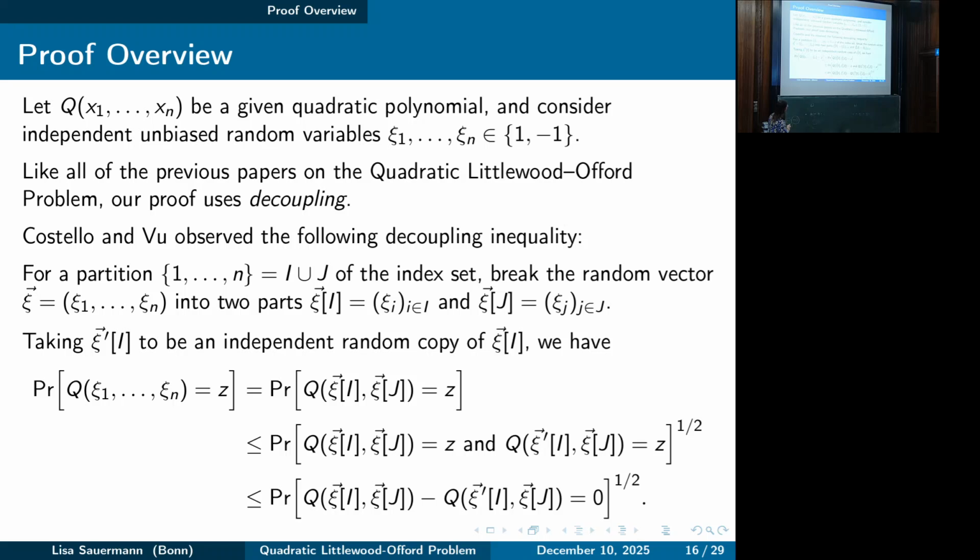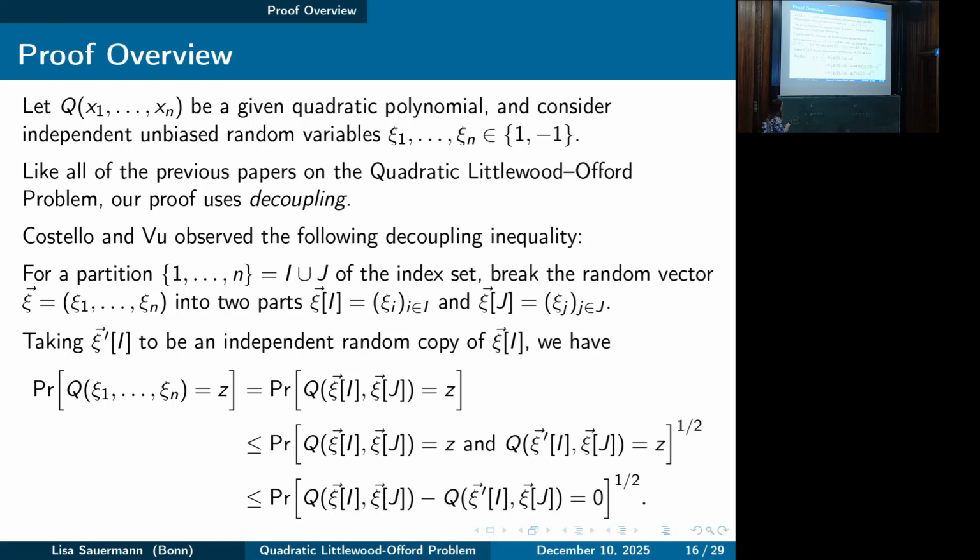Well, if you look at this and you expose, or condition on, your outcome for this vector xi I, and also for xi prime I, and you just look at this in the randomness of xi j, then originally we started with a quadratic polynomial, but this polynomial in xi j, after we fix the other variables, is not a quadratic polynomial anymore, it's a linear polynomial.